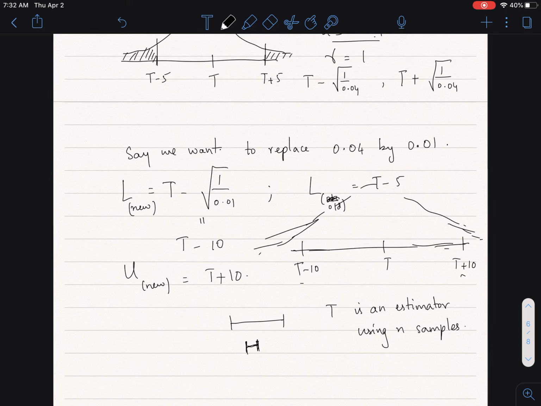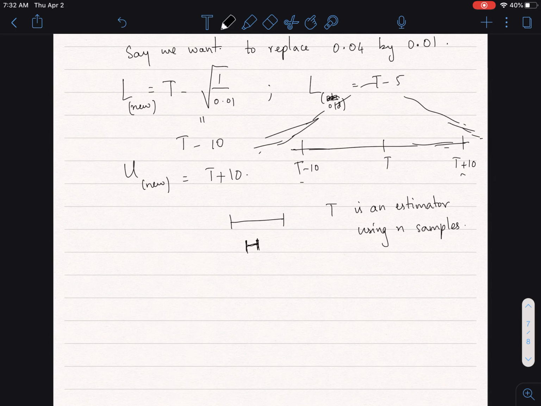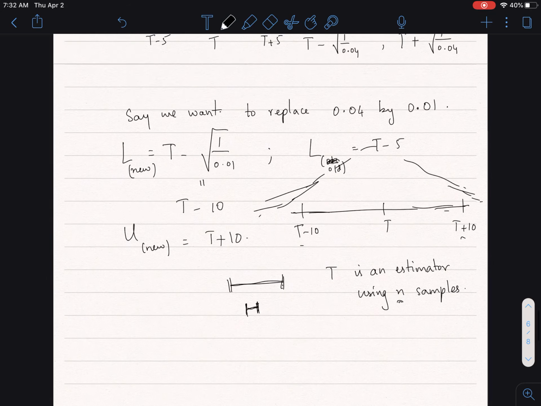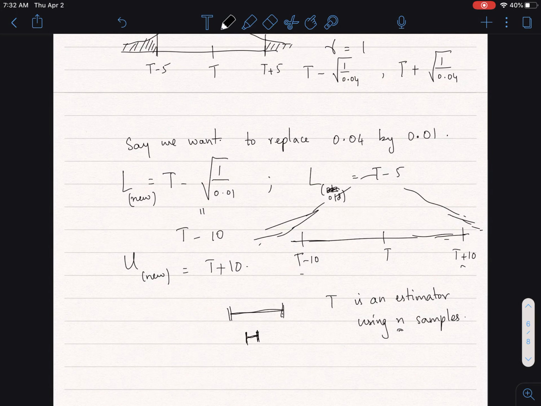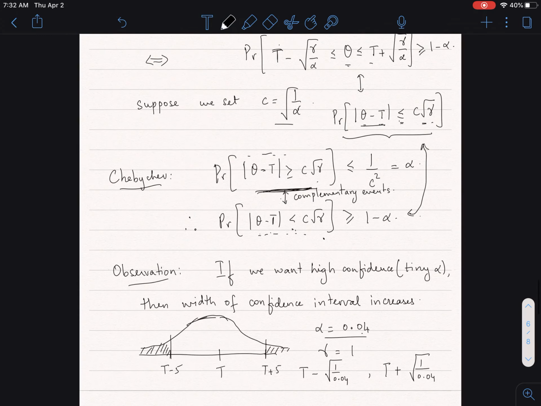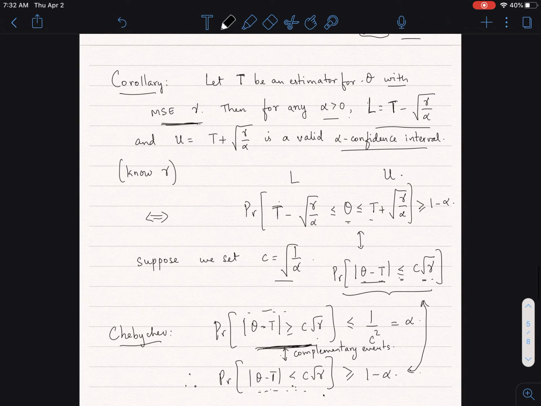If you want a high confidence using just these n samples, it makes sense that the width of the interval grows, and that's exactly the trade-off we are seeing because of this root alpha coming in the denominator.